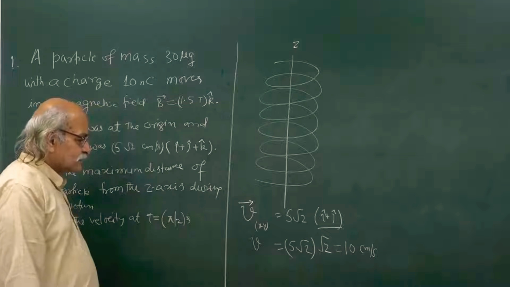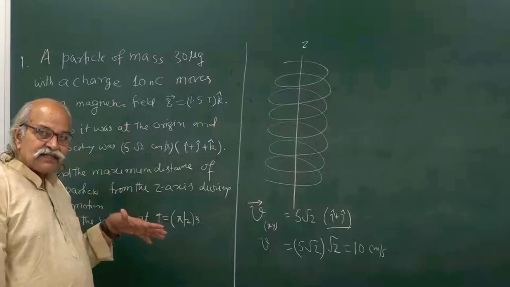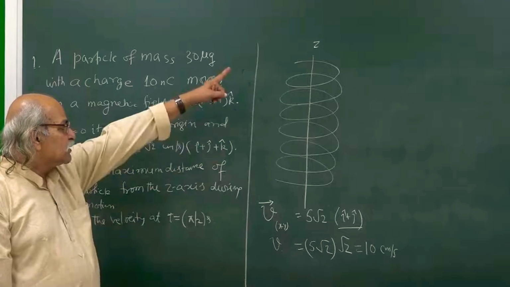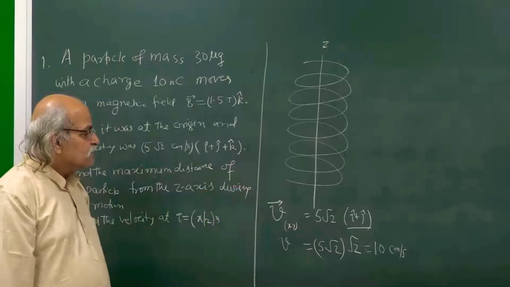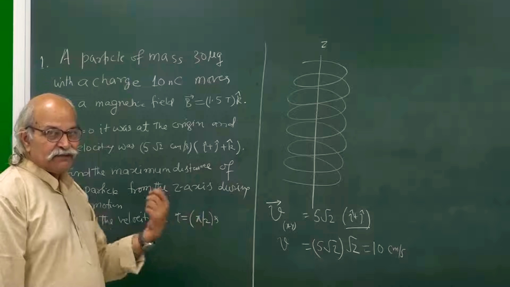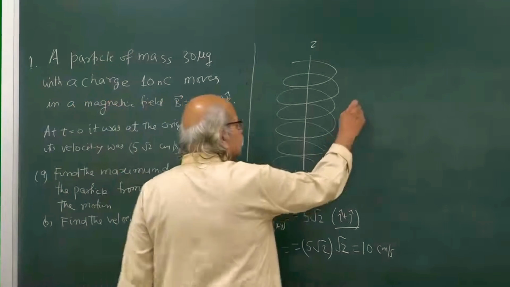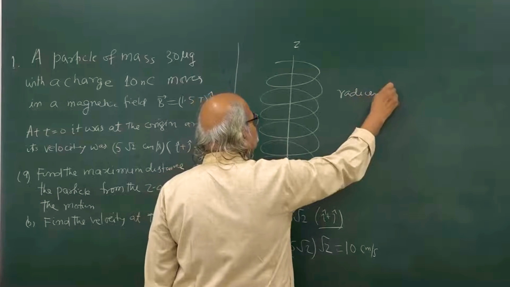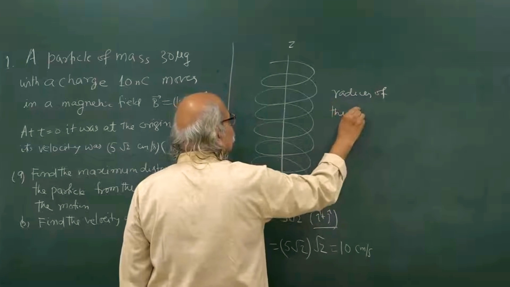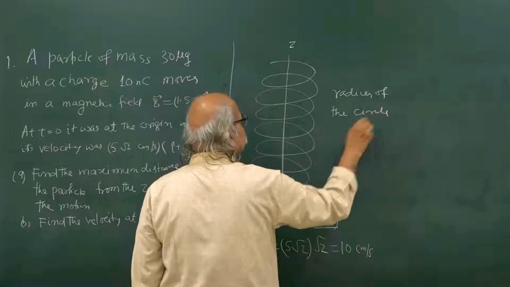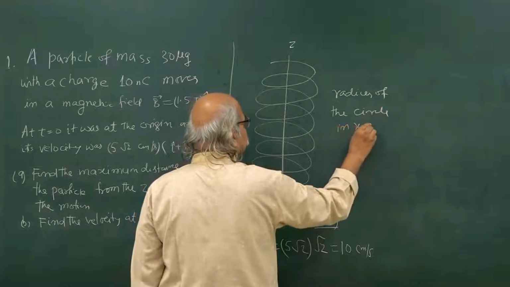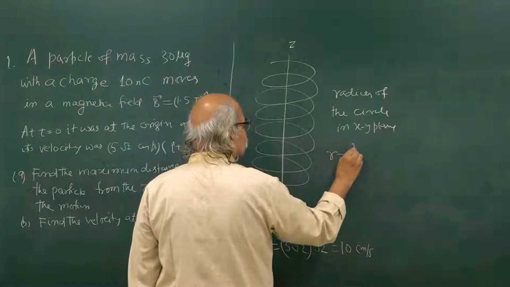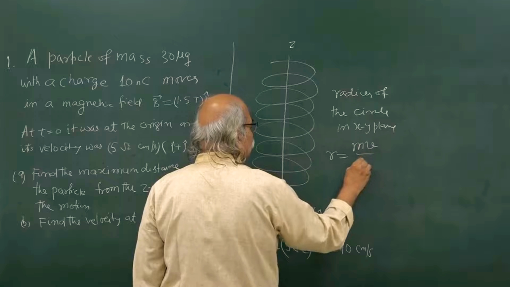Now, with this velocity projected perpendicular to the magnetic field, that means perpendicular to the z axis, it will go in a circle in the xy plane, and the radius of the circle will be given by mv by qB.